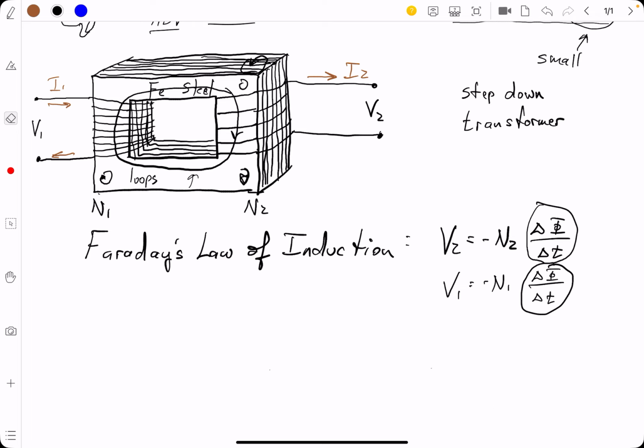Okay. So let's say that V2 is now our V in. Okay, so we're starting with V2, all right? And that's our V in. V1 is equal to our V out.